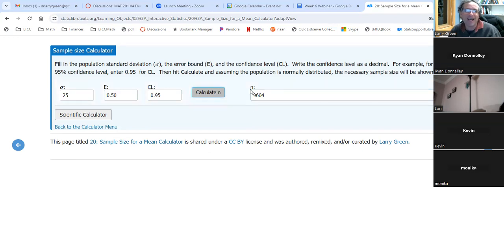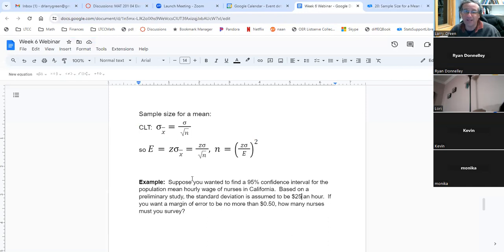So you would have to survey 9,604 people. That's a lot, by the way. And sometimes you got to do a lot. If you wanted to do fewer, what could you change with this example? You know, if this was really your study, what could you change?